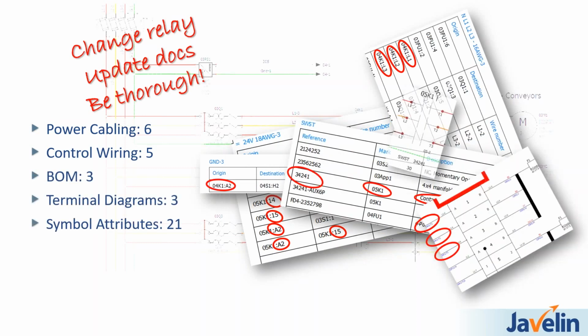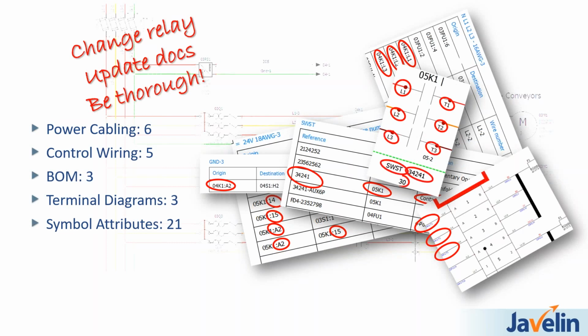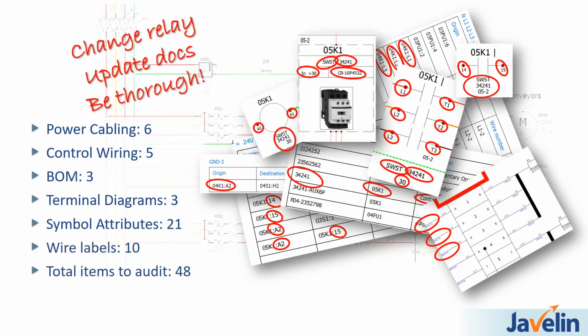You have to change terminal drawings and symbol attributes. Overall, you're looking at a total of 48 audits for just one device. What that means is if you've got more than 10 devices, that quantifies really fast. So at the end of the day, change management is a very key aspect within SOLIDWORKS Electrical.